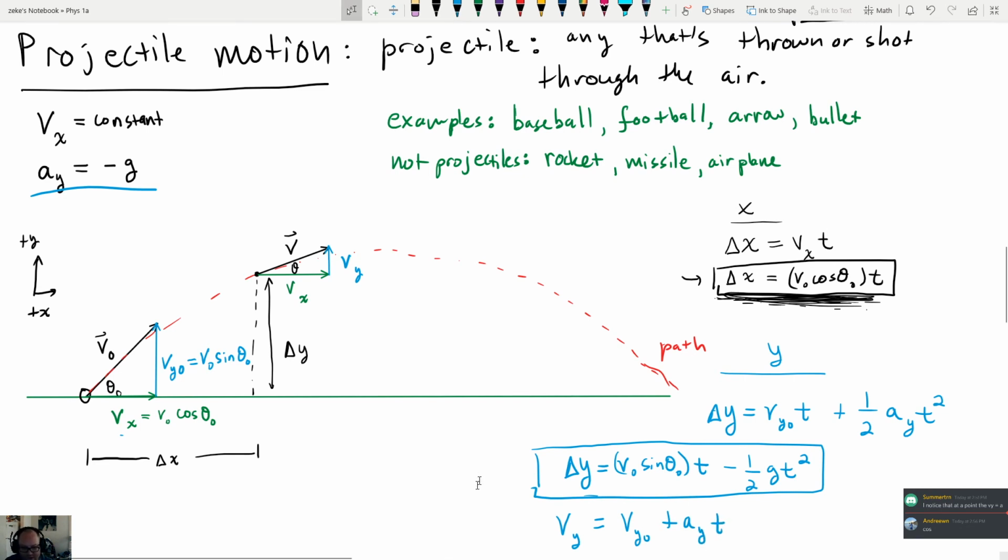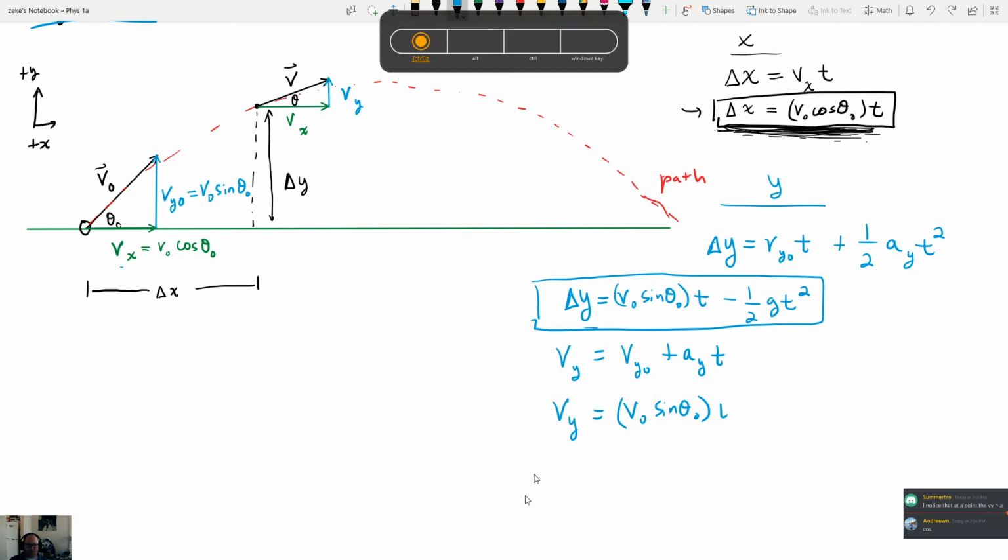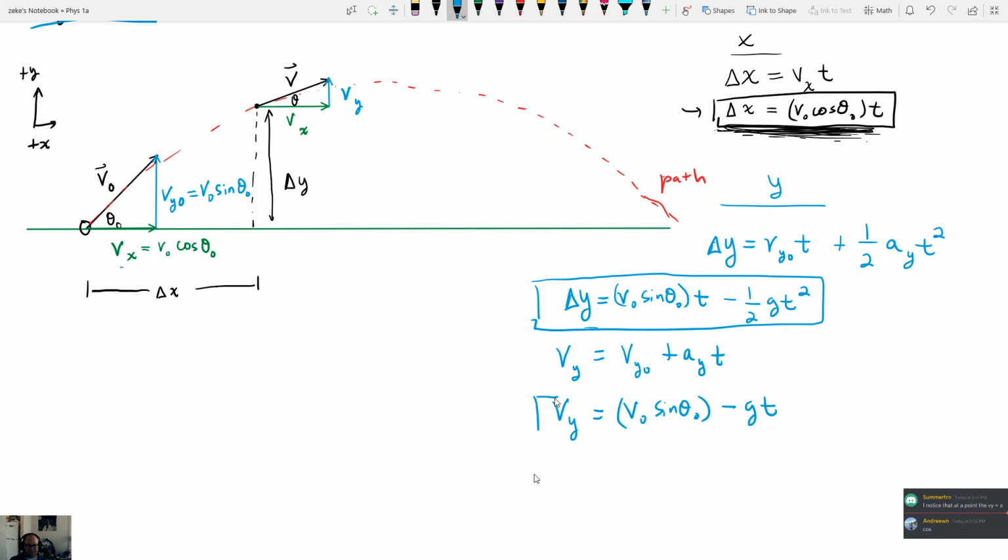That was one of our kinematic equations, right? And this equation can be simplified in the same way by saying Vy initial is V naught times the sine of theta naught, and then minus g times t. That's another equation you can use.